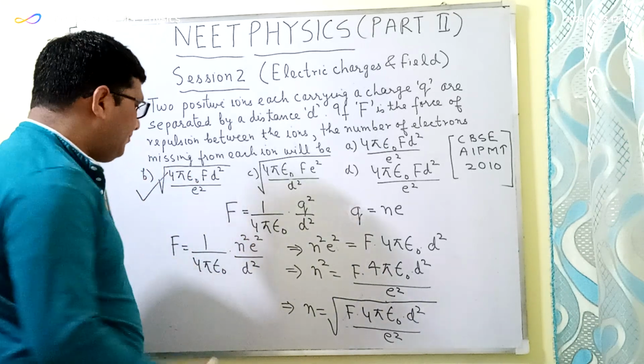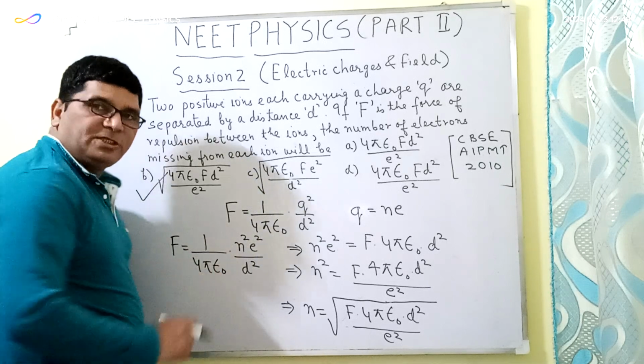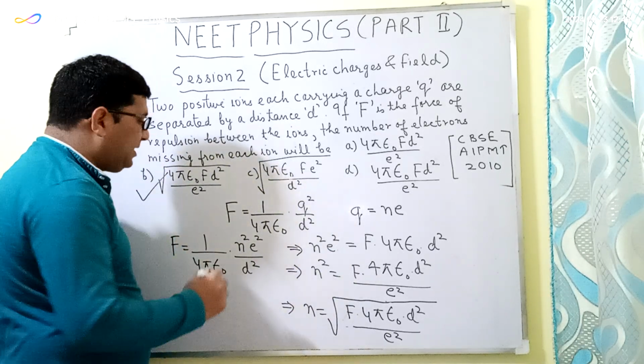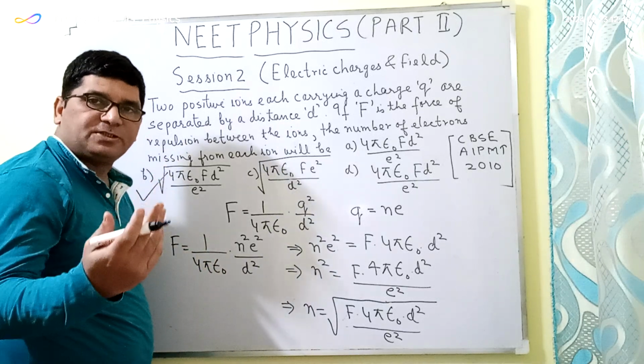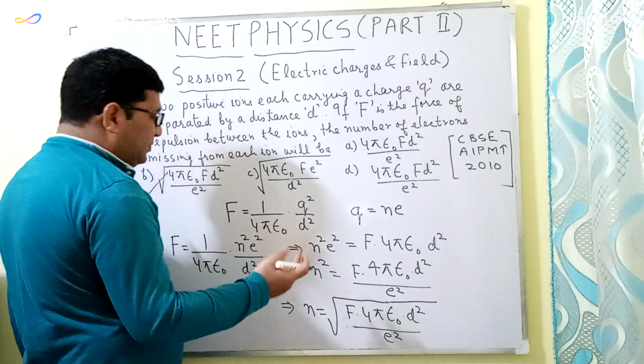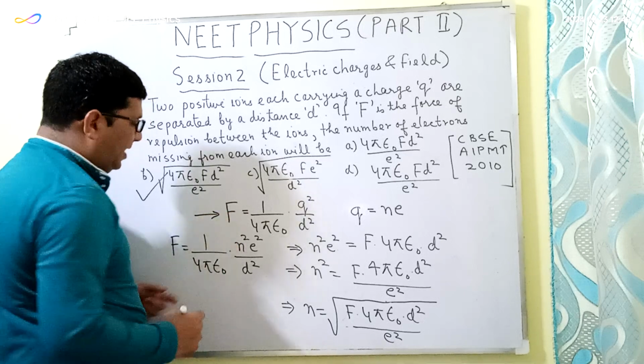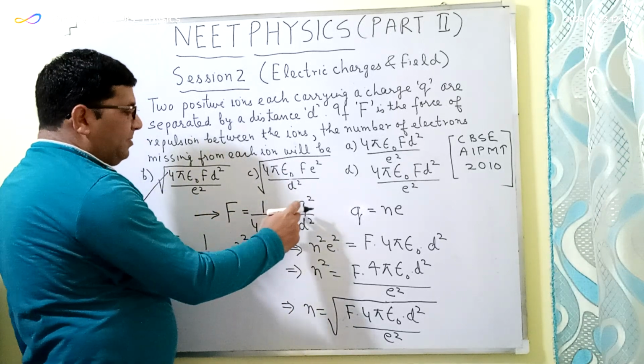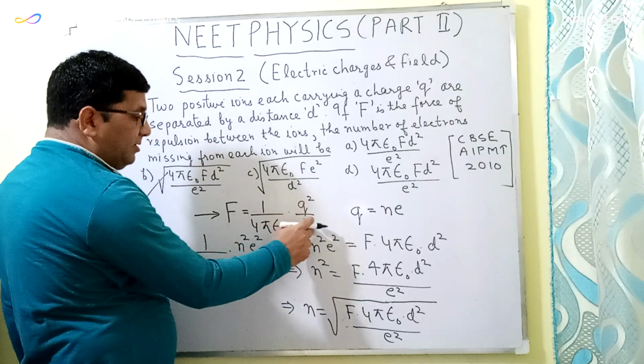So in this case, we have used the equation for calculating the electrostatic force of attraction or repulsion between the two ions, which is given by F is equal to 1 by 4 pi epsilon naught into q square divided by d square.